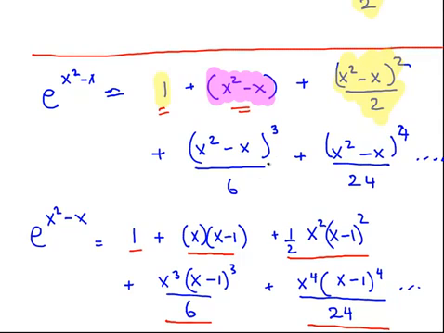But the rest of them, we're going to go through now and simplify them a bit. So x squared times x minus 1 squared, let's look at that one. So 1/2 of x squared times x minus 1 squared.